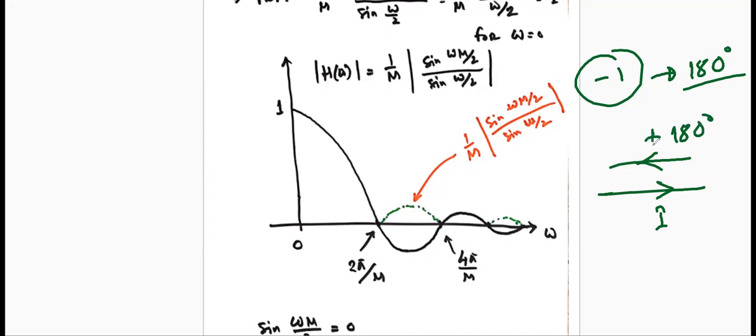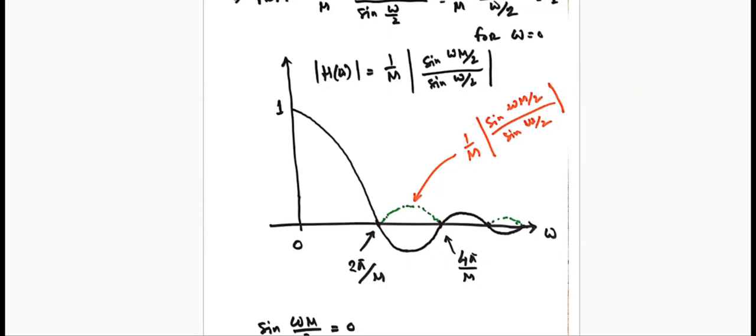So you need to add a 180-degree phase shift, and then the direction will change. So in case of magnitude, you need to multiply with -1 for this kind of magnitude response. However, for the phase response, you need to add 180 degrees whenever we are talking about phase shifting.